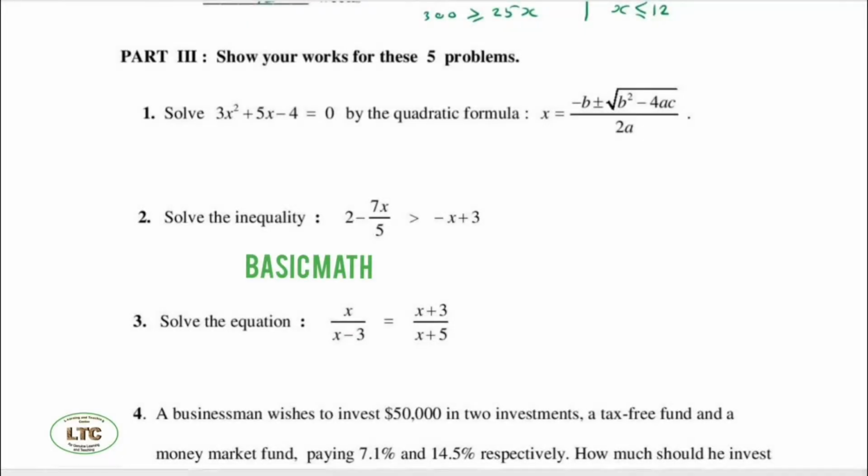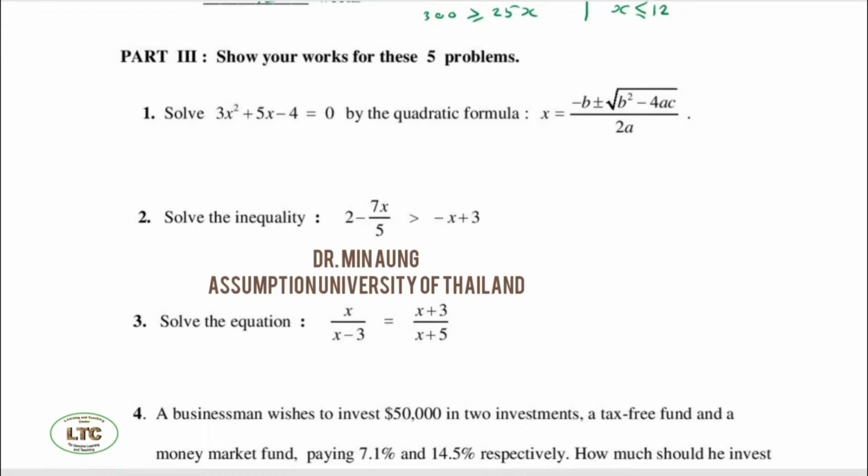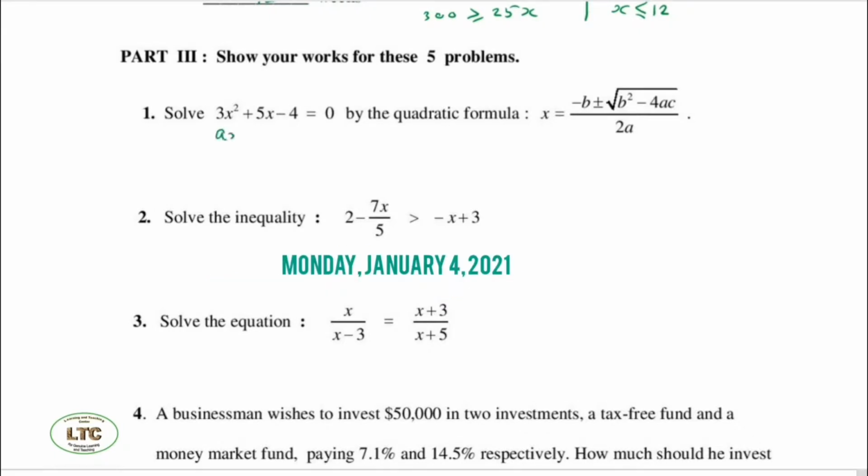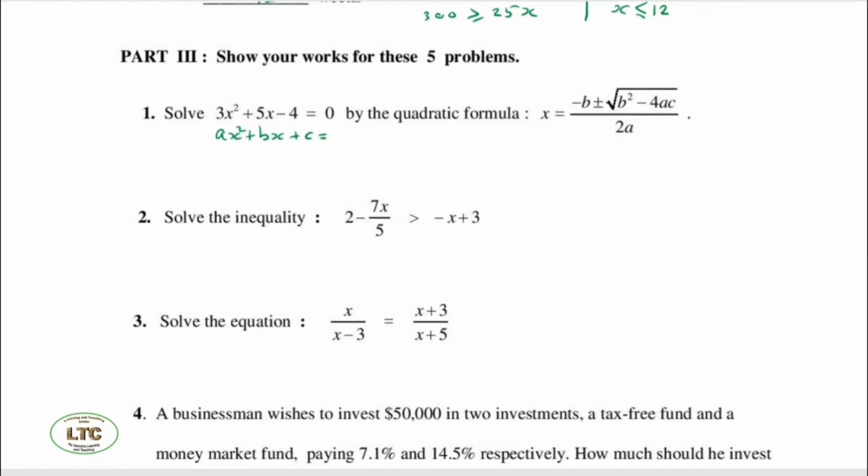Part 3. Show your work for these 5 problems. Solve 3a squared plus 5a minus 4 is 0 by the quadratic formula. This formula is for the equation ax squared plus bx plus c is 0. Therefore compare the two equations, then you get a is 3, b is 5, c is negative 4.